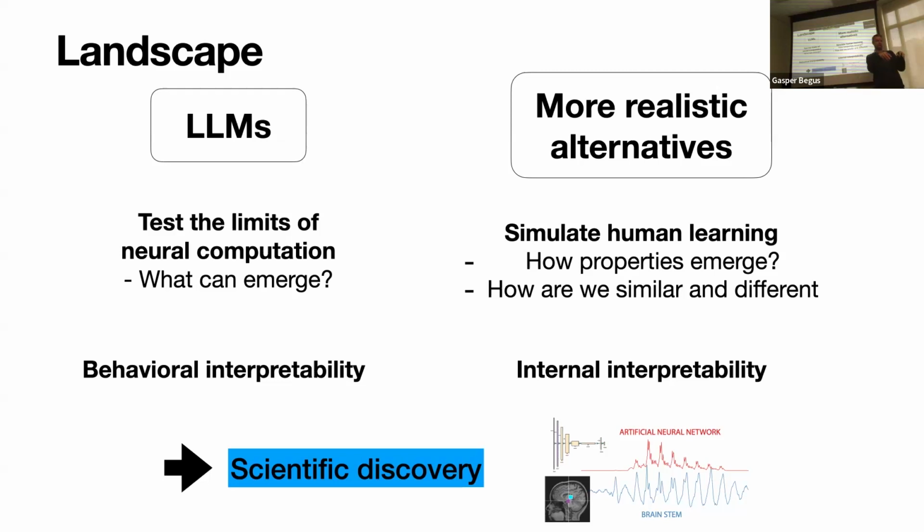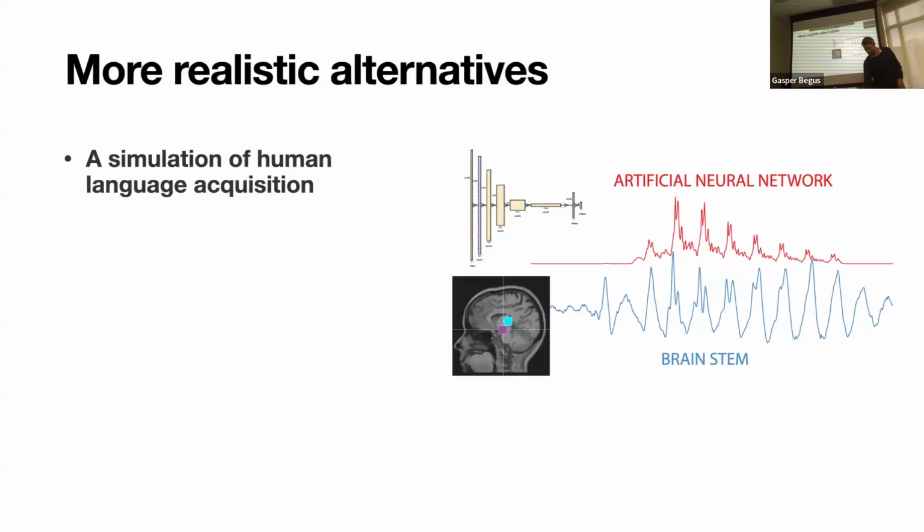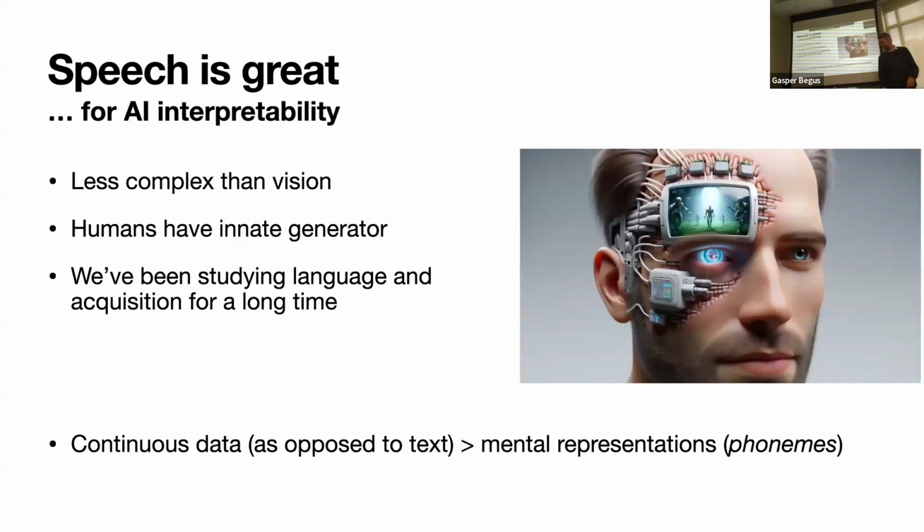And we have this ability to do internal interpretability. We can look inside the neural nets and see what's going on. So I'll try to show how all of this is useful for scientific discovery. I'm going to talk about basically two use cases, one on the neuroscience side and one on animal communication.